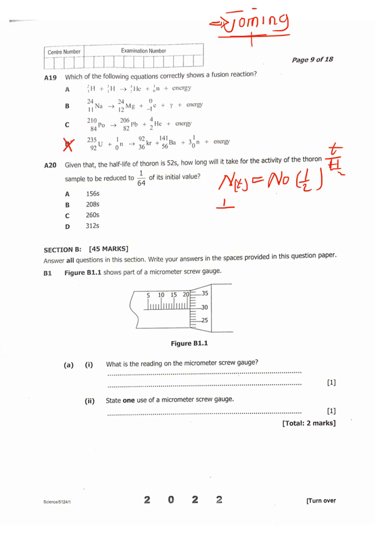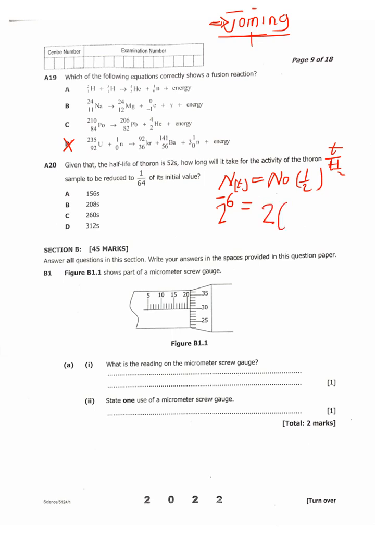So we have 1 over 64 is equal to, now the original. So let's first break this 64. So instead of writing this 64, I want to write it as the base of 2 raised to the power. So 2 times 2 is 4, times 2 is 8, times 2 is 16, times 2 is 32, times 2 is 64. So we need 2 raised to the power 6. Then we are going to have this negative since it's a fraction. So here the original amount of this substance was 2.